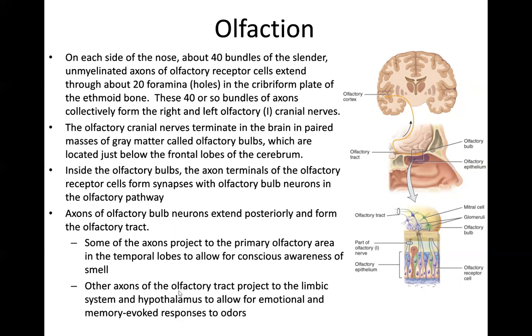Other axons of the olfactory tract are going to project to our limbic system and the hypothalamus. Once again, the hypothalamus allows for control of our autonomic nervous system, while the limbic system is our emotional brain, right? So the limbic system and hypothalamus allow for emotion and memory evoked responses to odors.